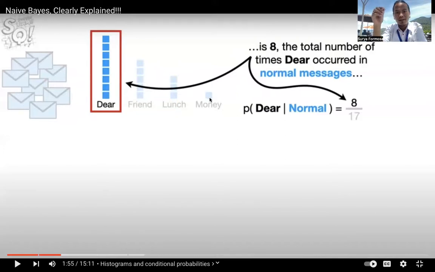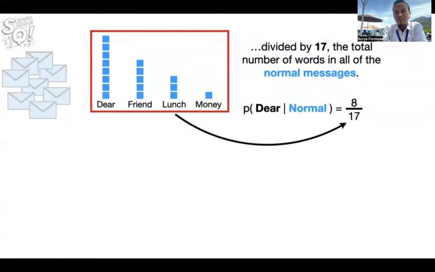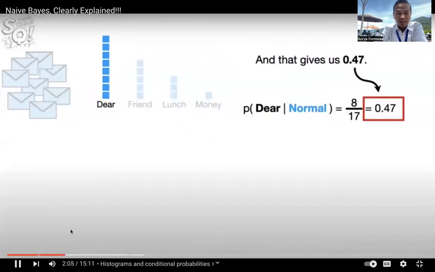The total number of words in this email is 17. And for the probability of dear, we have 8 dear divided by the total number of words, that is 17. So we got the probability of dear in normal messages is 8 divided by 17, which equals 0.47, right?